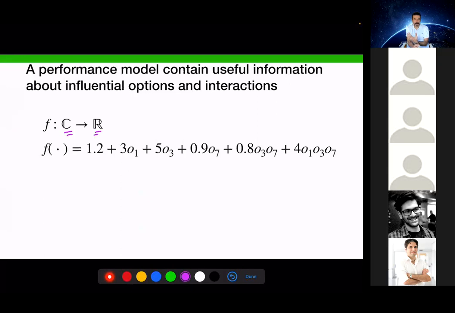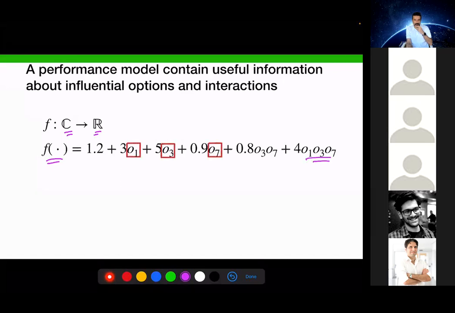And this mapping could be a function that has different hypotheses. In this particular case, we are using a polynomial regression model where your model is linear with respect to these options. It also shows some interactions as well.